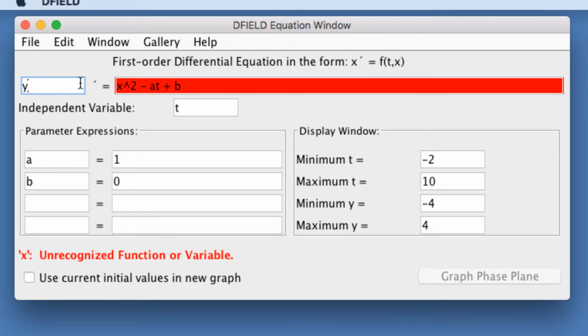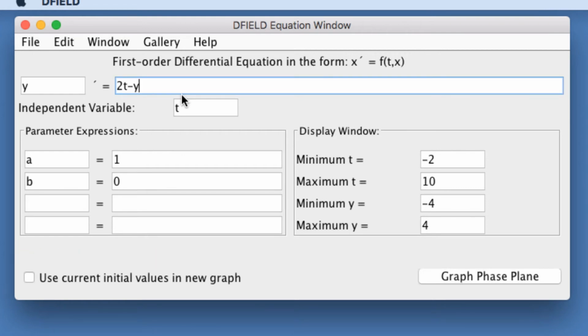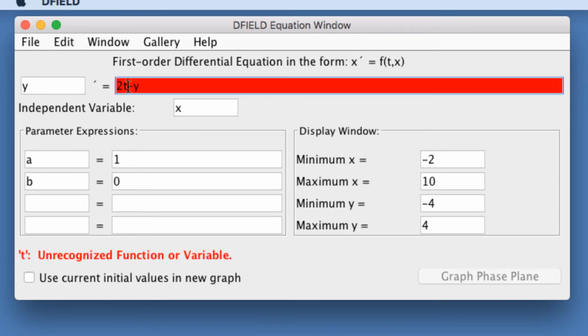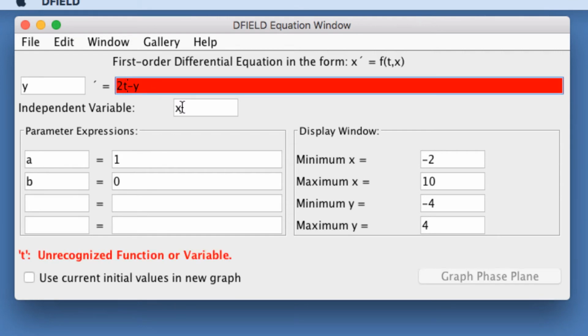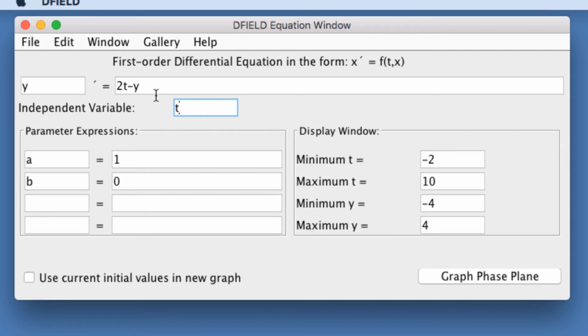So whatever you put here with the prime will be the dependent variable. And then over here, type in our 2t minus y. Now here you do want to make sure that your independent variable is the correct one. So if this was an x there, then you would not want a t up in here. You would want to put an x. So make sure that those match. Your independent variable is the t, and the dependent is whatever you put in the prime box.